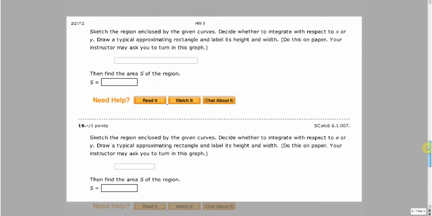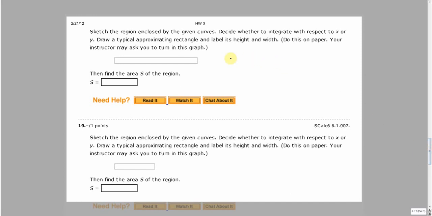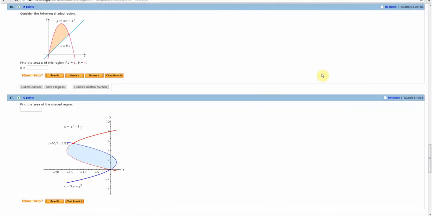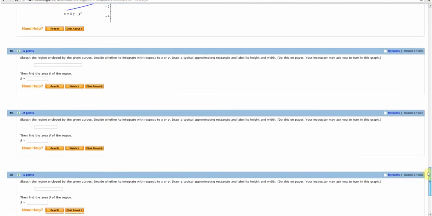And let's go to 18. This time we have to sketch the region enclosed by the given curves. I don't see any curves. I think they've probably just been deleted by this stupid program. So let's look back at the original assignment and see what they are.